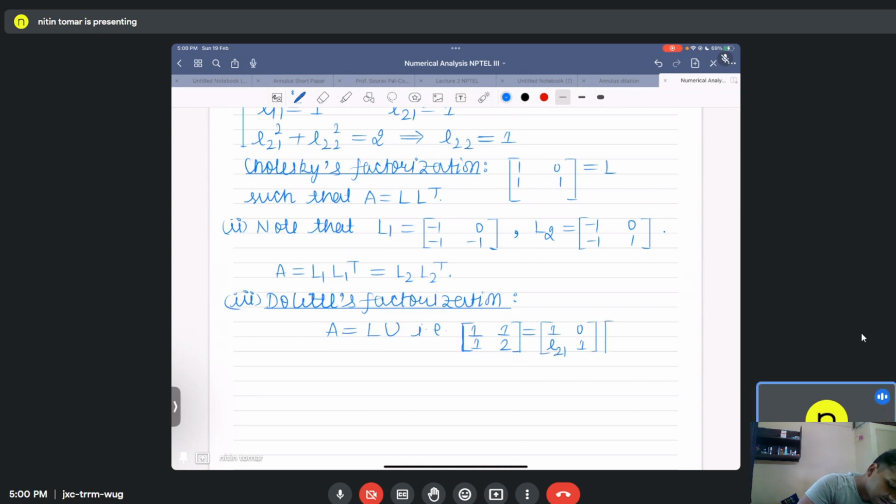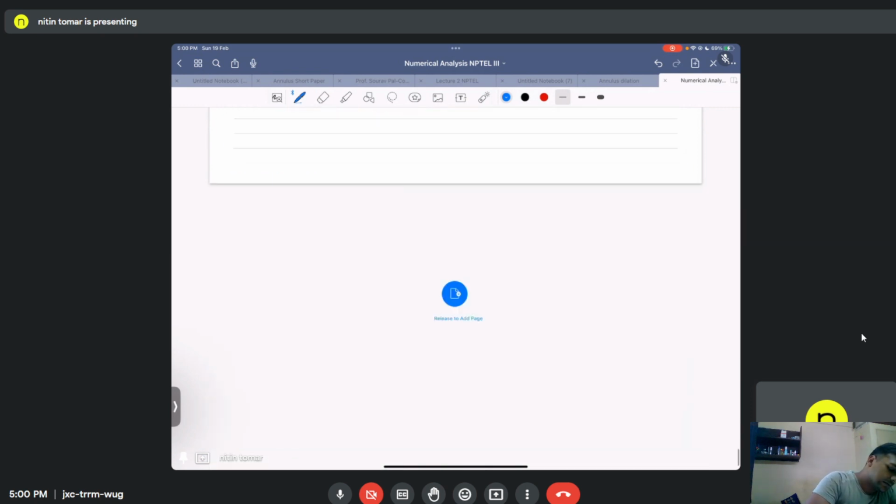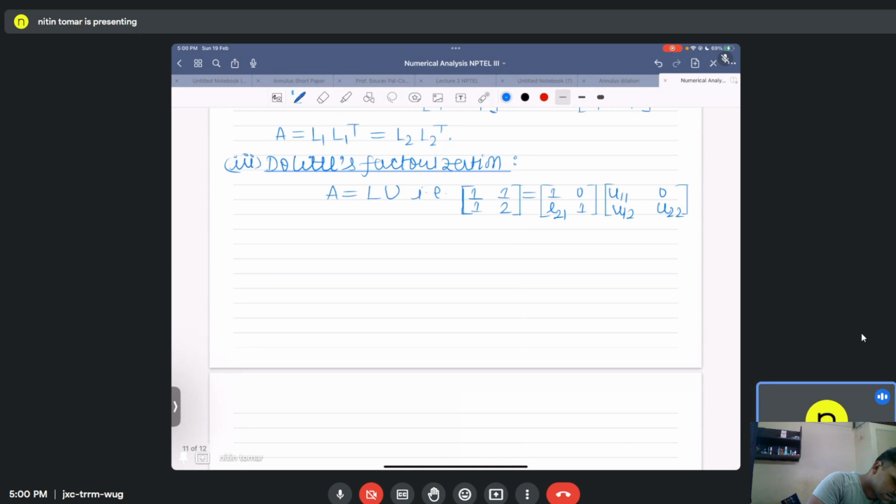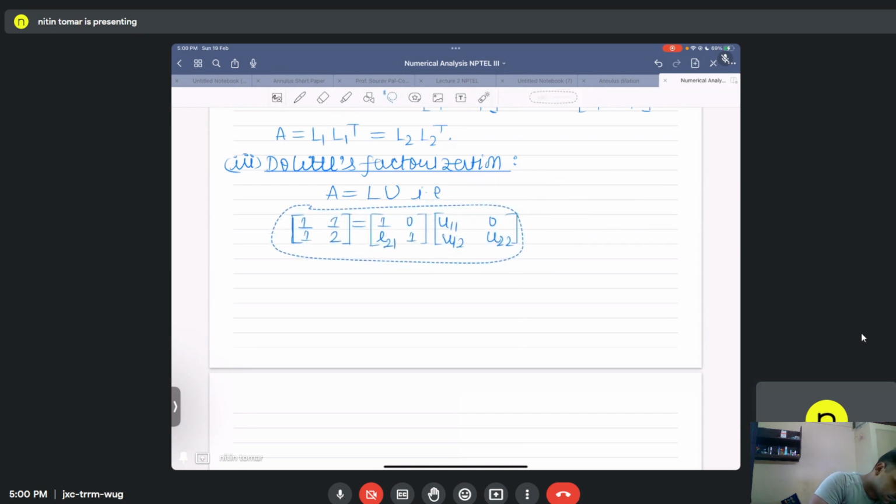And then what about the upper triangular? We don't know, right? It is [U11 U12; 0 U22]. Oh, this is upper triangular, so we should have the zero here.